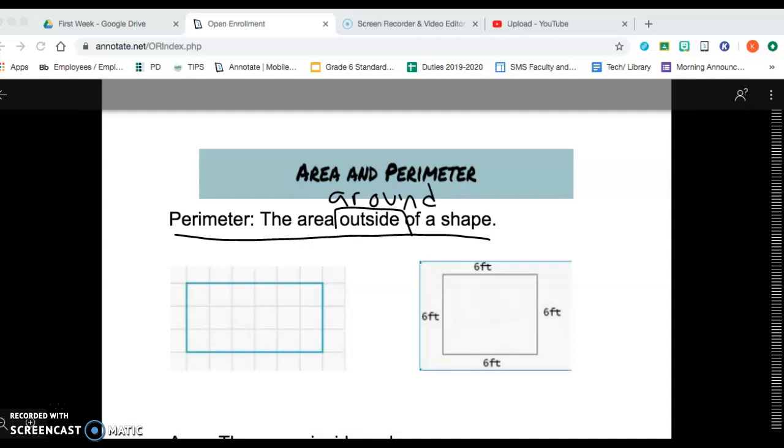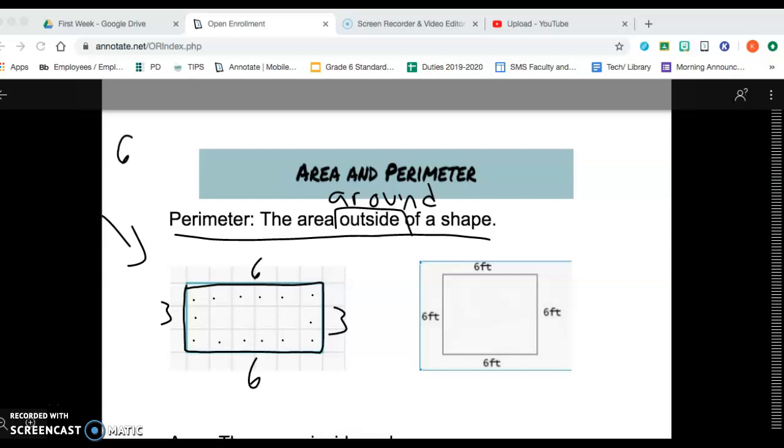Okay, so if we're looking at this first problem, this rectangle right here, if we're looking for the perimeter, we're looking for this area around the rectangle. So if you want, you can count up each of these outside squares. Or, the easier way, we see this is 3, this is 3, this is 1, 2, 3, 4, 5, 6, and this is 6, and then we could just add them all up.